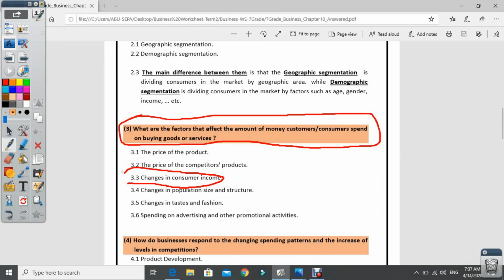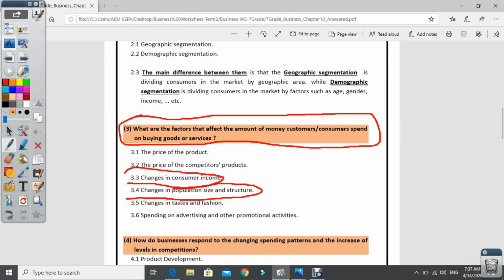Okay. The second one, guys, changes in population size and structure. It says here that if a country's population grows in size, then this increases the size of the market. This could increase business sales. The structure of the population might also change over time.